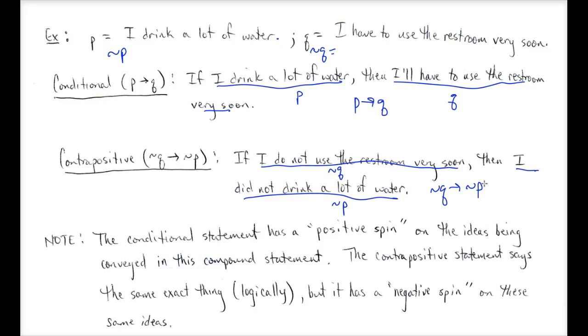Okay? Whereas the conditional statement is void of those things, so that's why it sounds more positive. And so this is how, logically speaking, we can say the same exact thing, but yet convey a feeling of positivity or negativity, depending upon what we want our audience to experience.